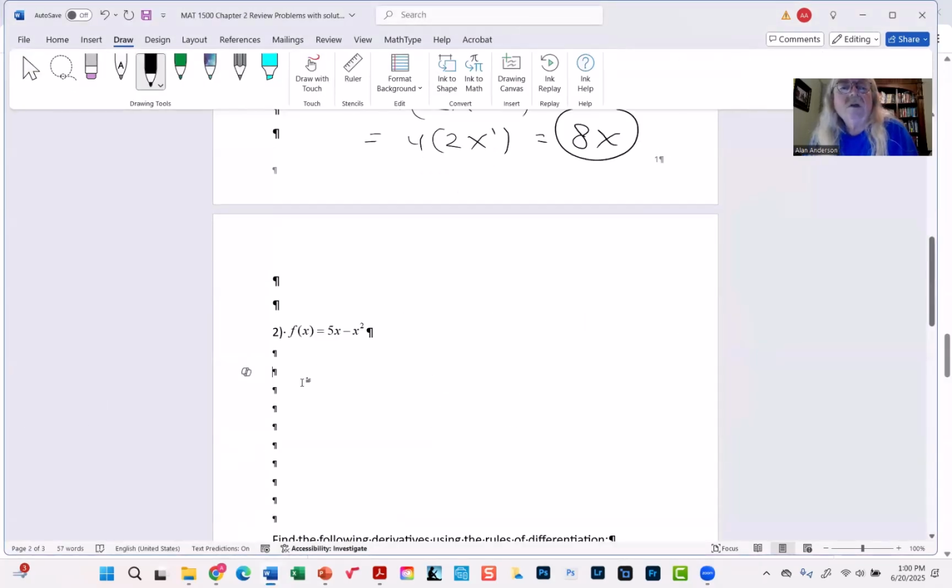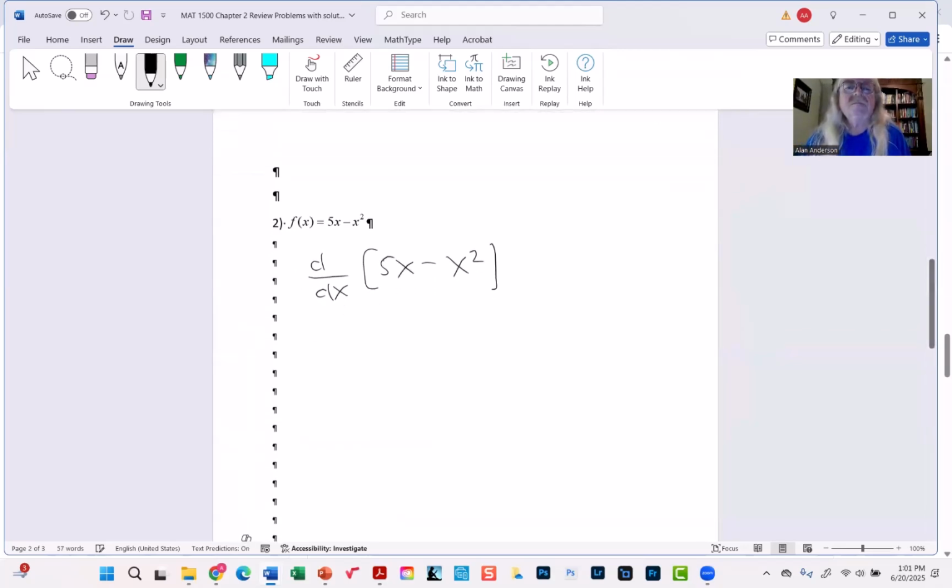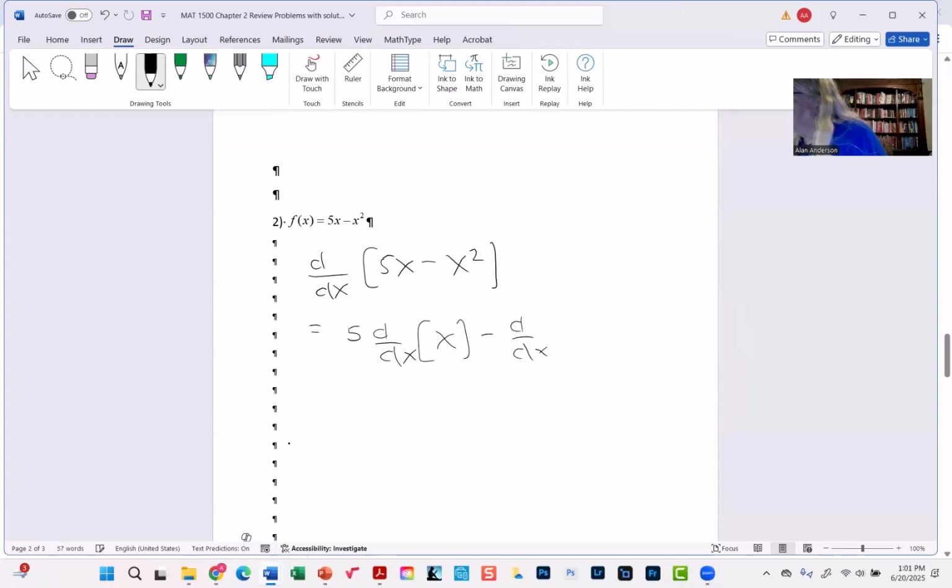So we're going to differentiate this. So the derivative of 5x minus x squared can be broken up into two pieces. And now we can apply the power rule to what's inside the brackets. And so now keep in mind that x is the same thing as x to the first power.